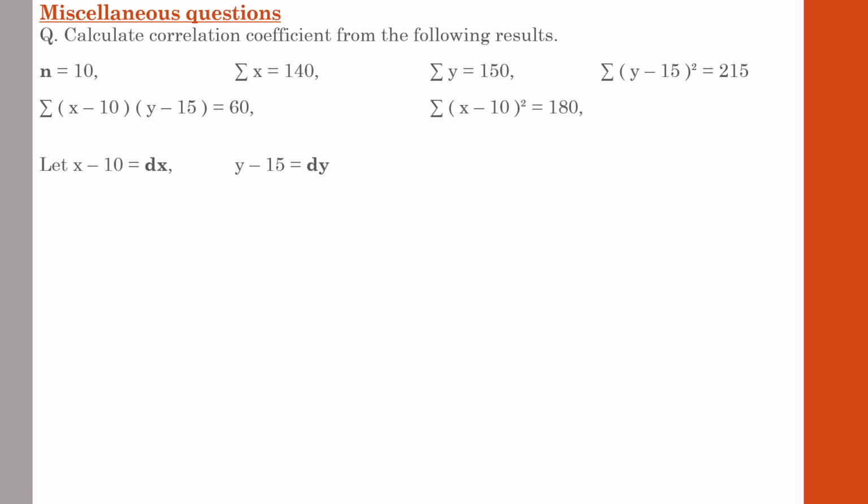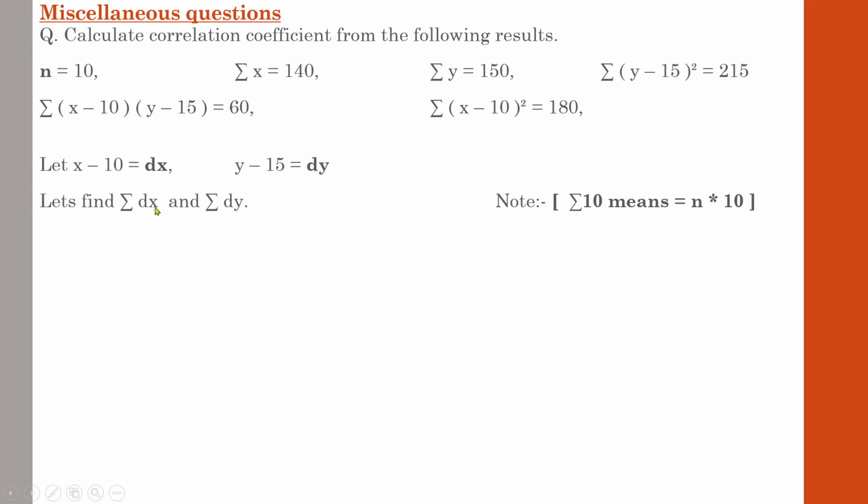See, from all the details given, we can assume that y minus 15 is dy and x minus 10 is dx, because naturally we compute dx and dy likewise. So on the basis of the structure of the details given, we assume x minus 10 is dx and y minus 15 is dy.